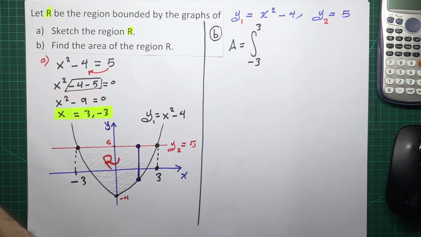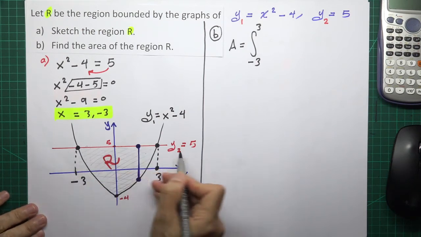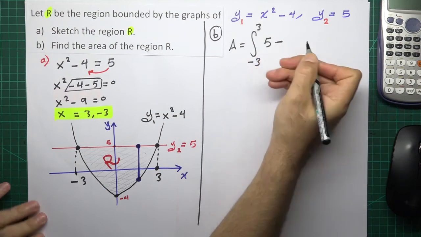Of course the function on the top is the red one, 5, minus the one on the bottom.